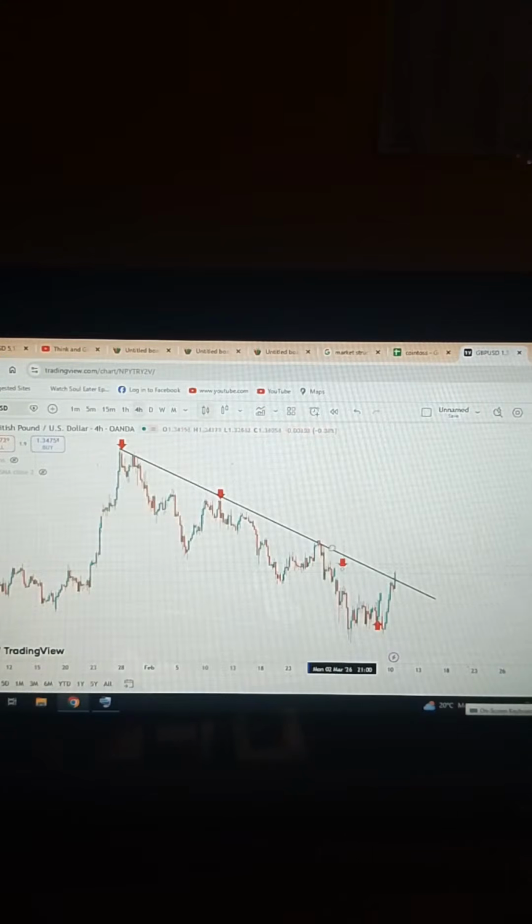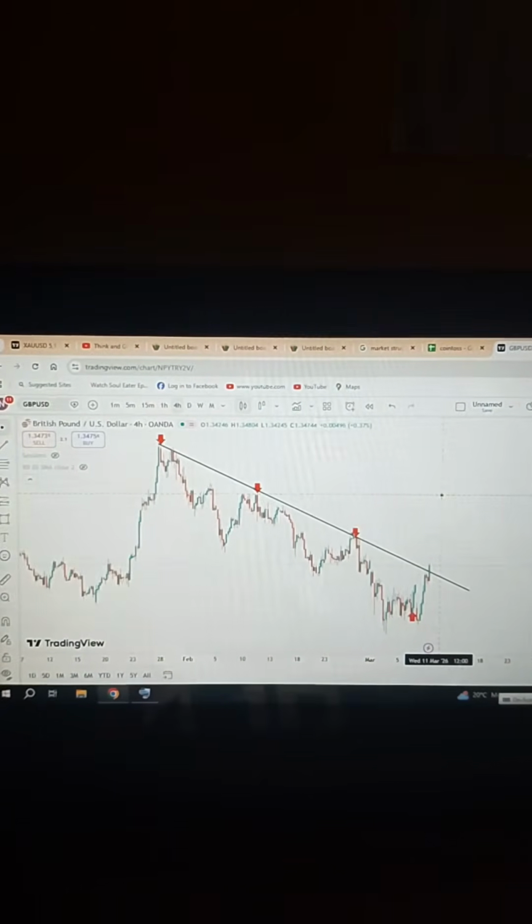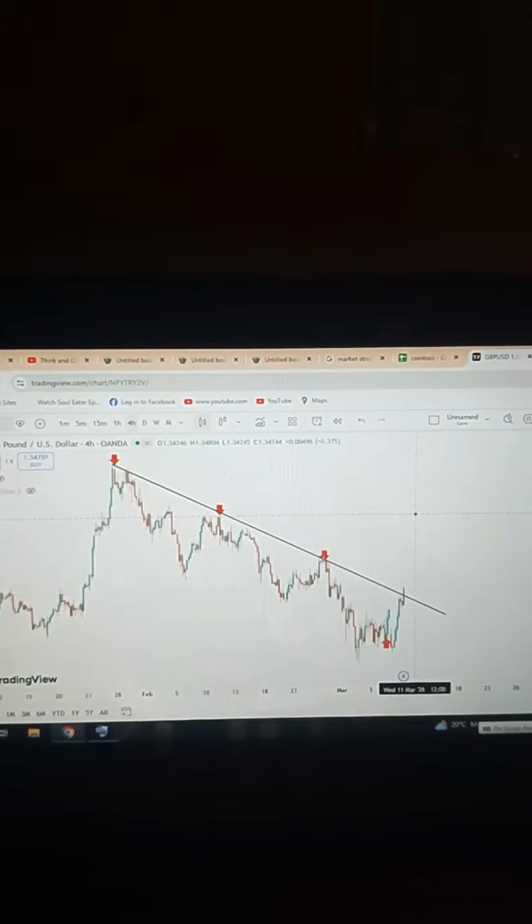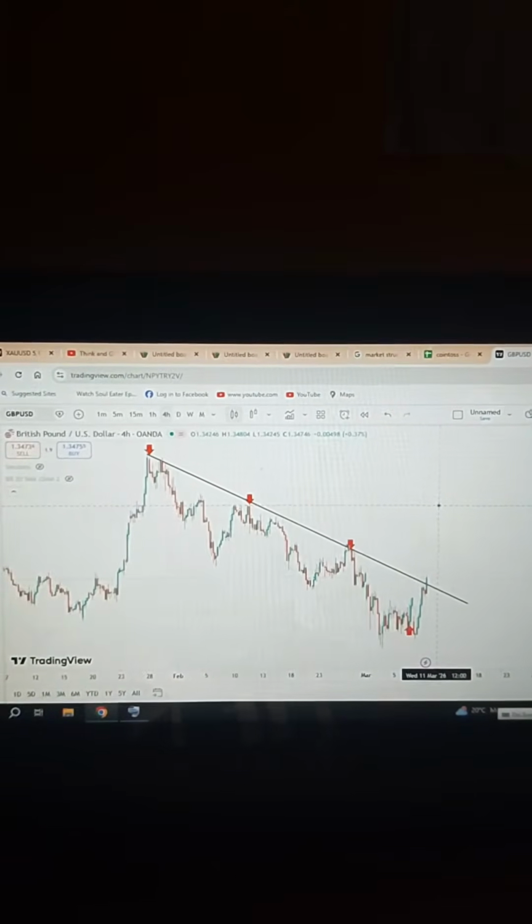Our touch three where? So these are the GBPUSD market, guys, which we are trying to analyze right now.